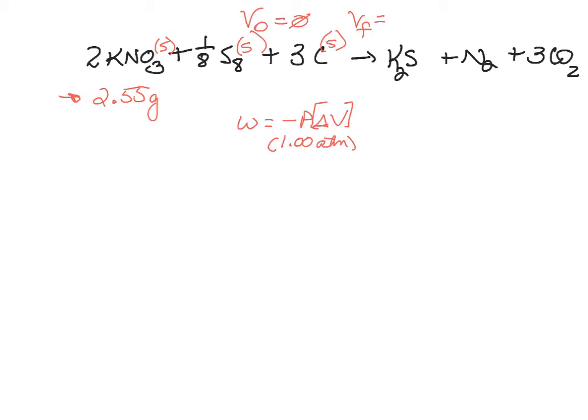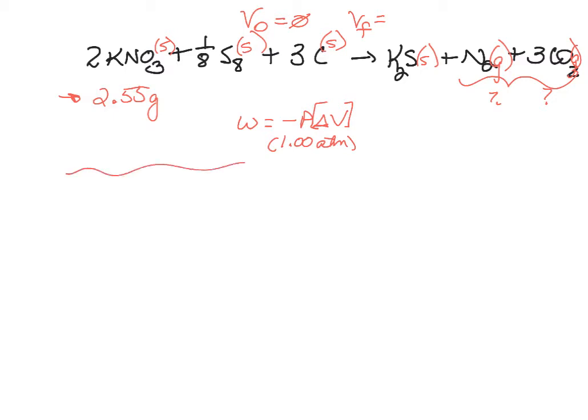So only look at the products that are gases. Potassium sulfide is a solid, but nitrogen and carbon dioxide are gases. So we have to figure out the quantity of these 2 gases and then convert that quantity to a volume to see how much volume was generated.